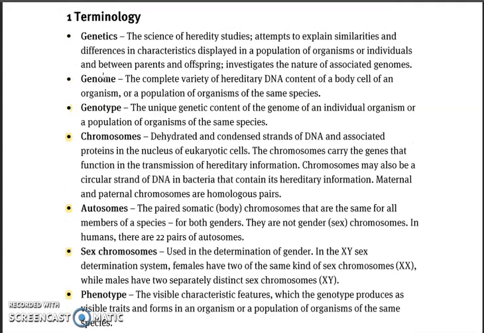A genome is basically the complete variety of hereditary DNA that an organism can have. What this means is that a genome is how many different genes there can be. So for eyes, you get blue eyes, brown eyes, black. The list just goes on. There's a complete set of different ways that the genes can arrange themselves to get these different phenotypes.